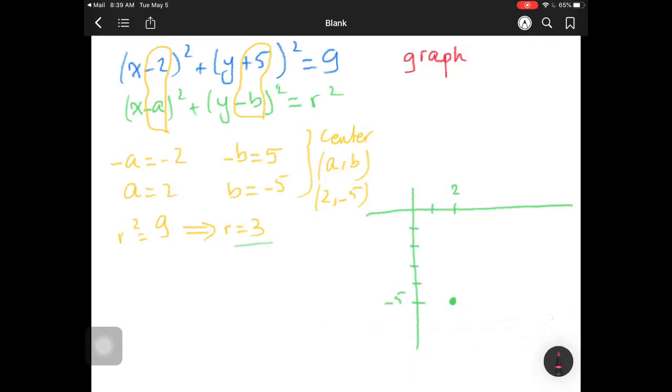So because your radius is 3, you have to go 1, 2, 3 points, 3 units to the right, 3 units to the left, 3 units up, and 3 units down.